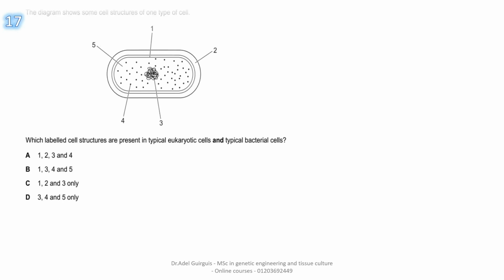Number 17. This diagram shows some cell structures of one type of cell, labelled 1 to 5. Which labelled cell structures are present in both typical eukaryotic cells and typical bacterial cells? Number 1, the cell surface membrane, is found in both.